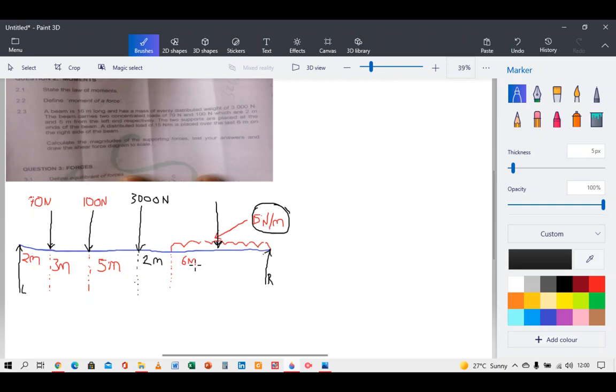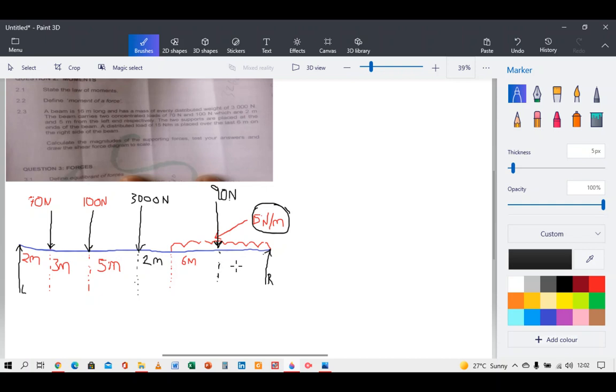So as we convert to a concentrated load, it will be 15 multiplied by 6, which gives us 90 Newton, right? Yes, meter.